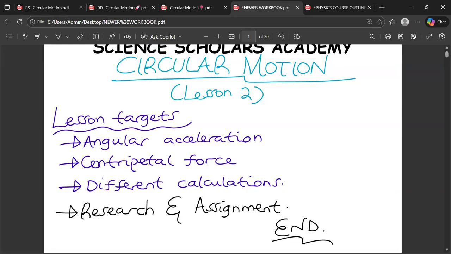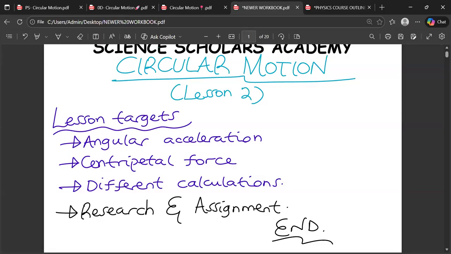Then we talked of the angular velocity, the rate of change of angular displacement, which is the angle. I hope you remember those few terms that we discussed in lesson 1, because we are going to need them right now.